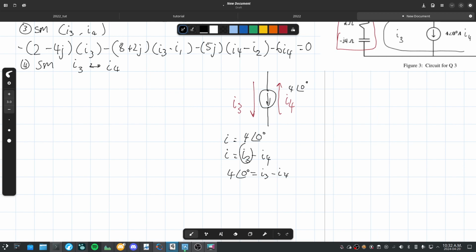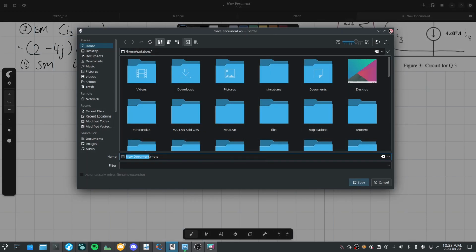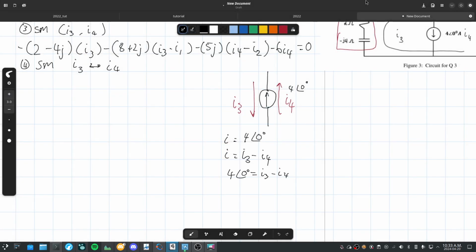Remember that this current here is the one that's agreeing with the current source, so to speak. If this source happened to be flipped, going up, we would do I4 minus I3. But it's going down, so I3 minus I4. And 4 with a phase of 0 is I3 minus I4.